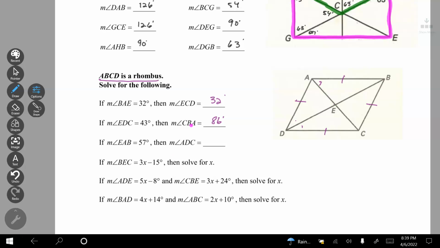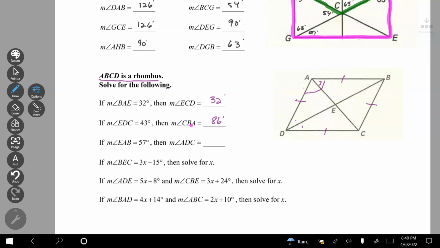EAB is 57. This angle here is 57. So we're trying to do EDC, ADC, let's see. So EAB is 57. That means this side here is also 57. So together this bigger angle is 114.